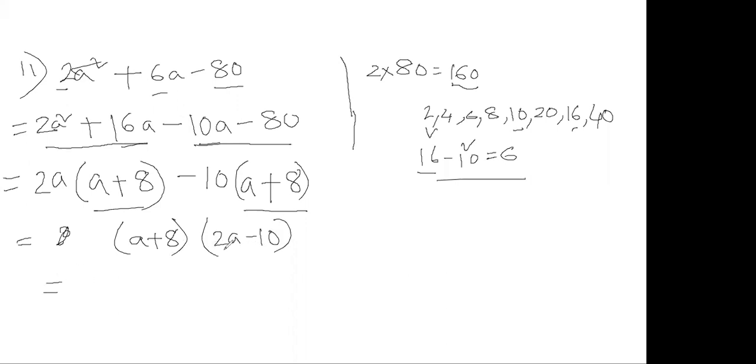But here we can actually take one more thing common. From this expression I can take 2 common, because 2a is divisible by 2, 10 is also divisible by 2. So we take 2 outside and write 2a divided by 2 is a, then the minus sign, 10 divided by 2 is 5.